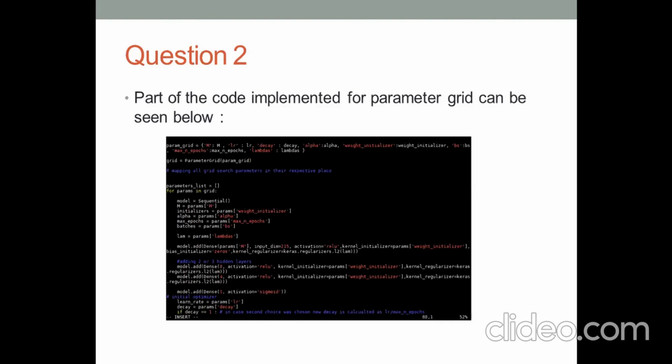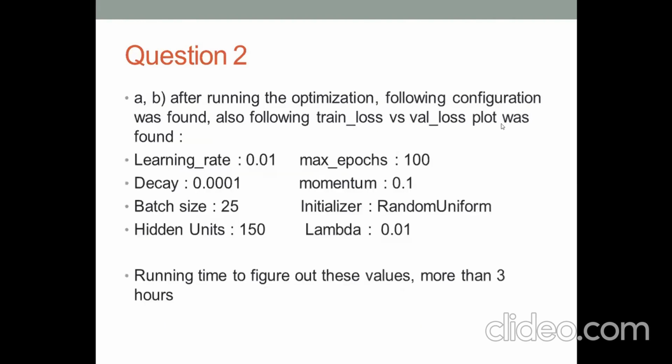And what is the optimum parameter configuration you found? That's the part B, and it's here. So this is the optimum I found: learning rate 0.01, decay 0.0001, batch size 25, hidden units 150, max epoch 100, momentum 0.1, initializer random uniform, and the regularization 0.01.